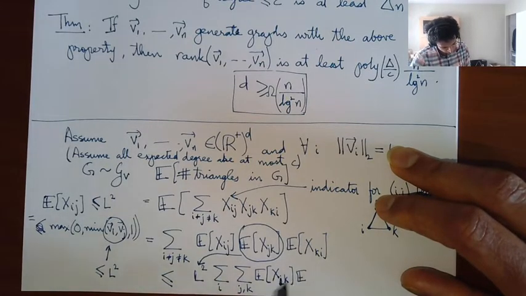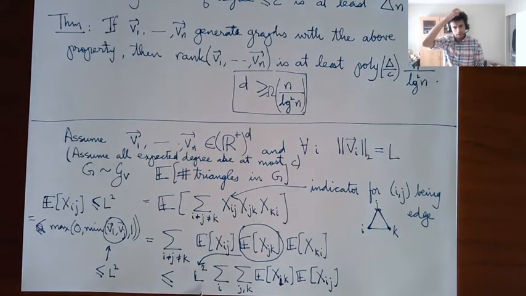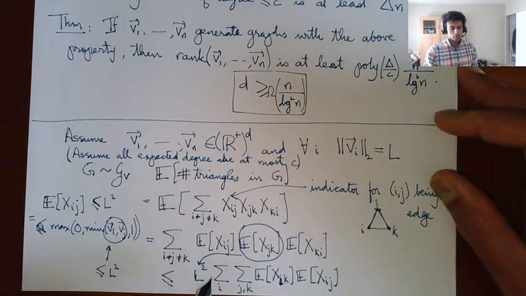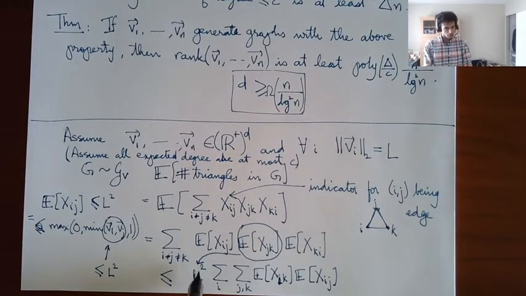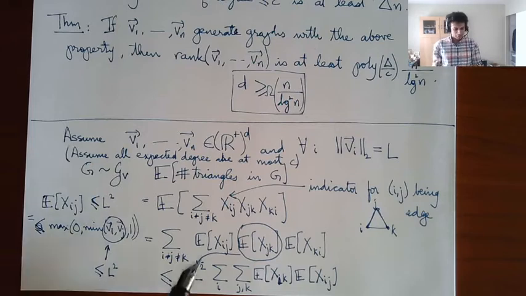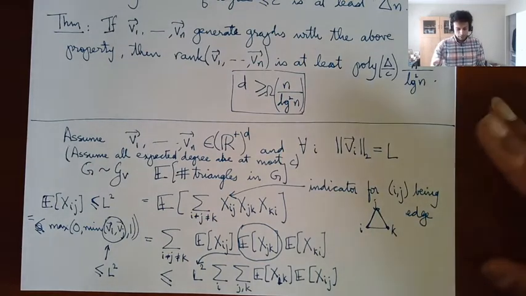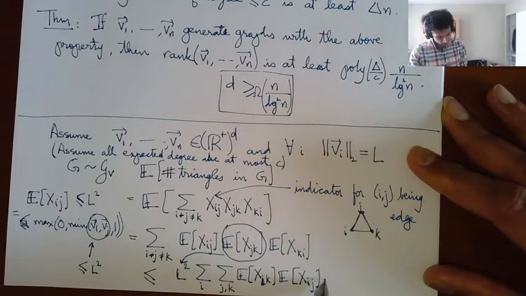I get a summation over all i, j and k of the expectation of x_ik and the expectation of x_ij. So I took this middle term, bounded it by L squared, and moved it out. Now I have this triple summation: L squared times the summation over all i, j and k of the expectation of x_ik and the expectation of x_ij. The fact that these were unequal, I'm just upper bounding, so I'm going to assume they're all equal. This is not a problem. Now I have my last bit of space over here, and I'm going to say this is at most L squared.